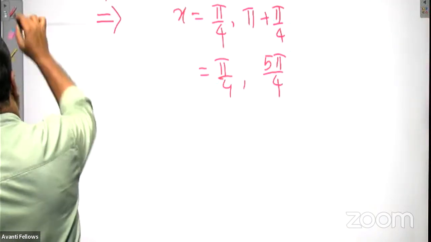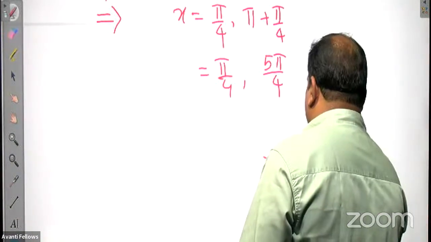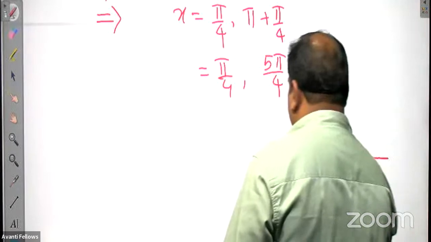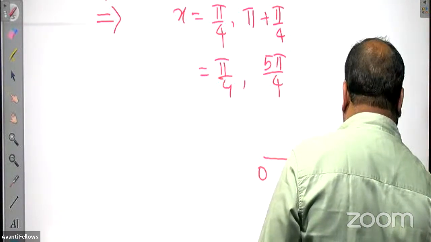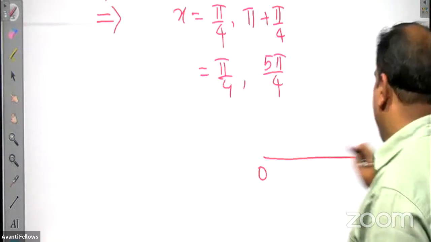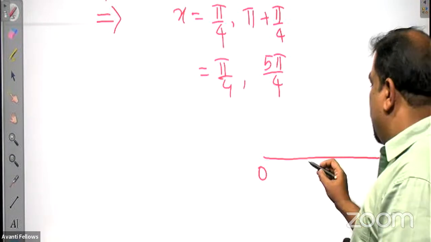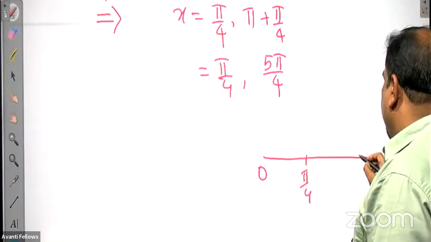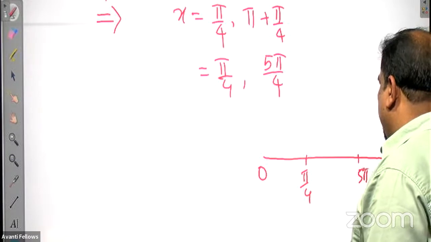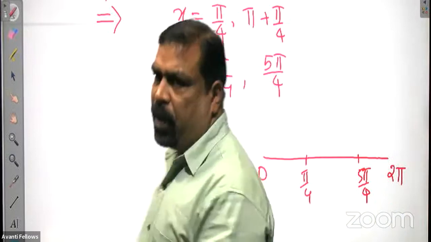So how to do it? We take only that interval. Here there is no need of drawing the whole real number line. 0 to 2 pi is the given interval, and only that portion we have to see. In that interval, you mark pi by 4 and 5 pi by 4, roughly like this.